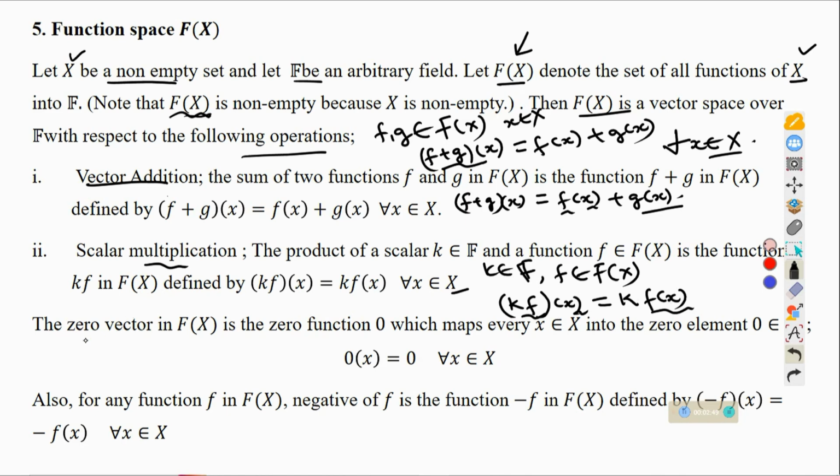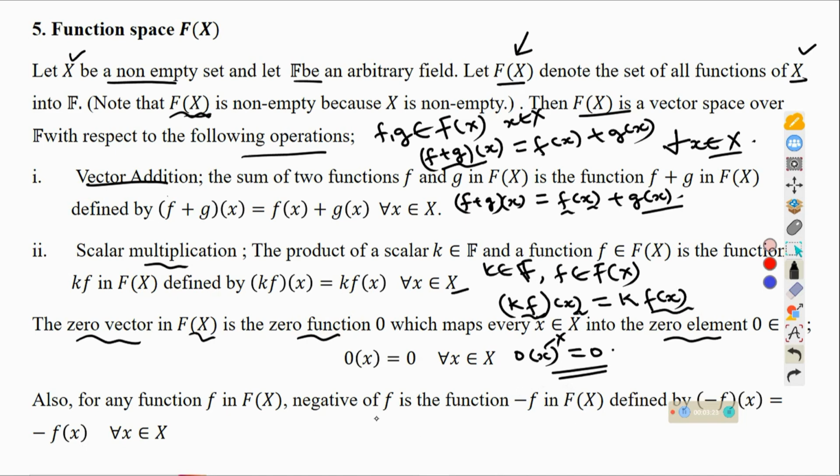Similarly, we shall define the zero vector in F of X, and the zero vector will be that zero function which maps elements of X into the zero element in F. So this is the same as having zero operating on an element x picked from X, and this zero function will map all the elements to 0.